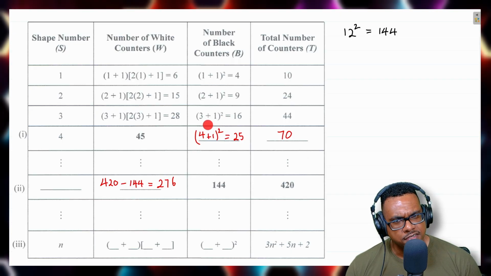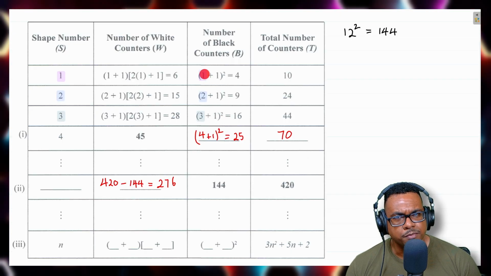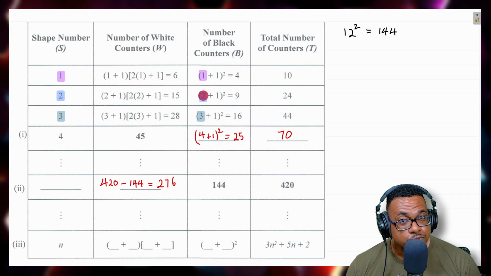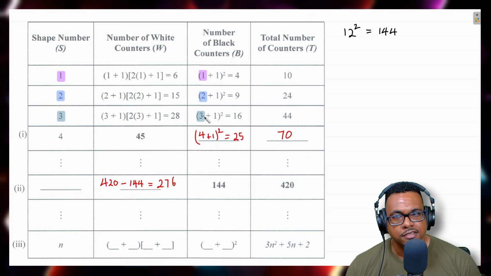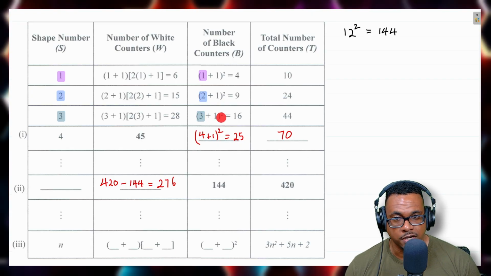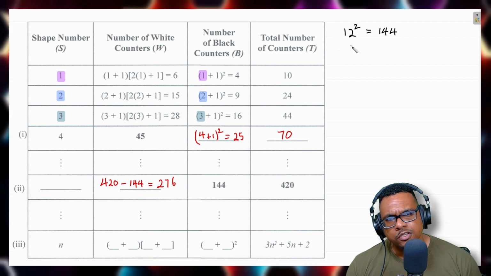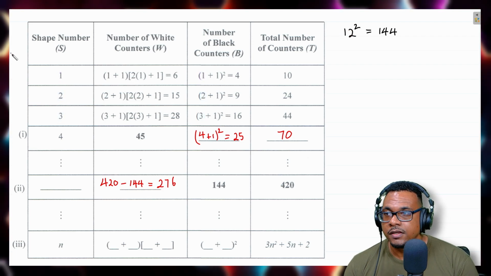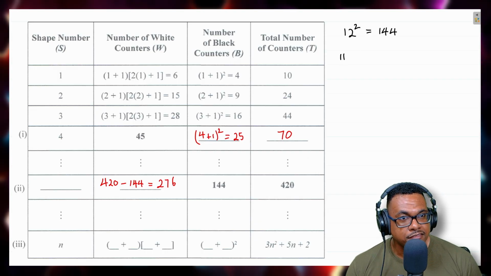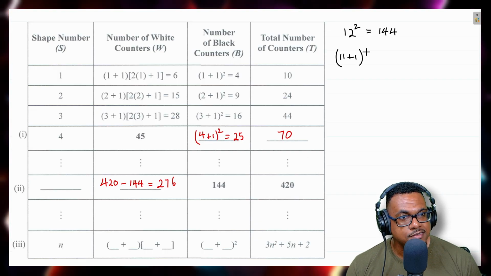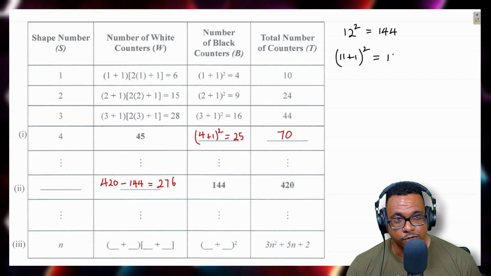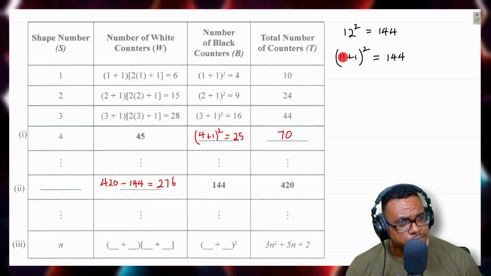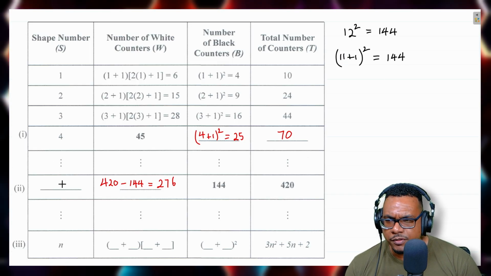And if we look at the pattern as to how we arrive at that, we see the shape number plus 1 in brackets squared. Same thing here, shape number is 2 plus 1 in brackets squared. Shape number is 3 plus 1 in brackets squared, and so on. So if you had to get 12, the shape number has to be 11 plus 1 to get 12. So therefore, it will be 11 plus 1 in brackets squared, which is equal to 144. And that tells me the shape number is 11. Therefore, we're going to put 11 here.